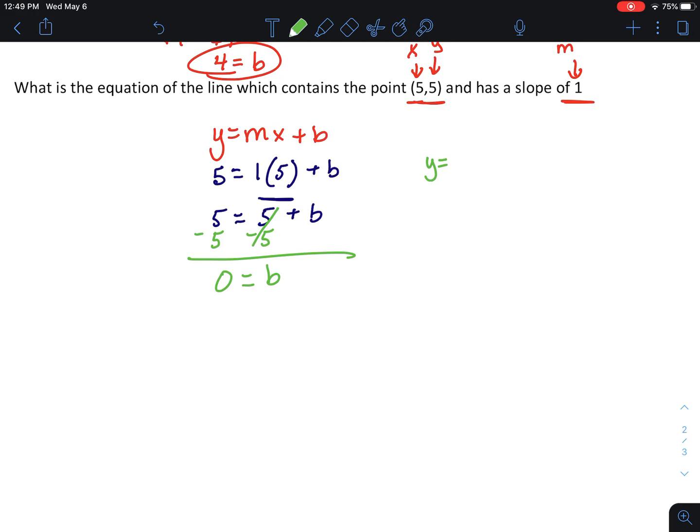Do you remember what m was? m was 1, 1x plus b was 0. So we could write it like this if we want, or we can write it as y is equal to 1x without the 0. And this is kind of common. You'll see it written like this. You might even be seeing it look like y is equal to x, since we don't even need to write the 1, right?